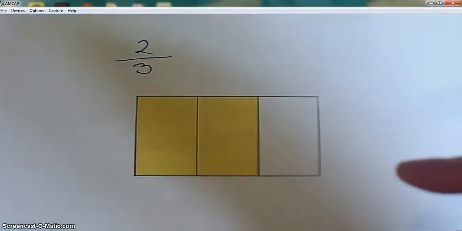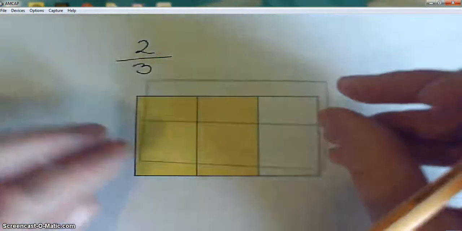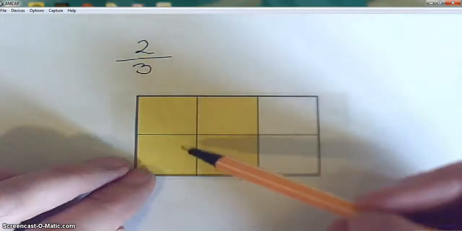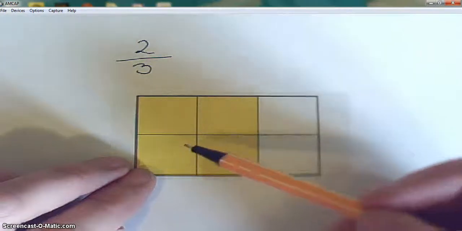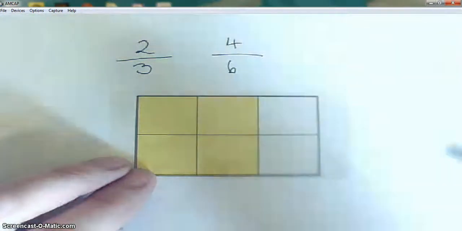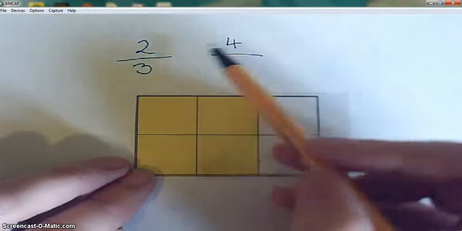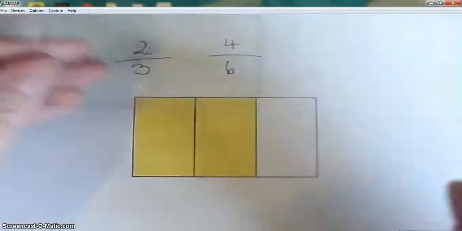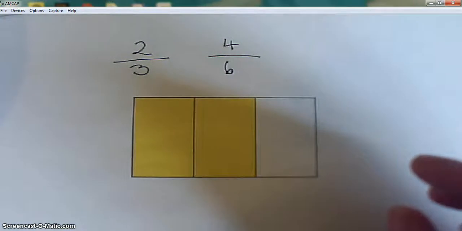We now multiply it by 2, and we have got 1, 2, 3, 4 on the top, and we have got 6 on the bottom. Now this is starting to look like the 2 times table on the top. This is the 3 times table on the bottom. Let's take the next one, which is the 3rd.